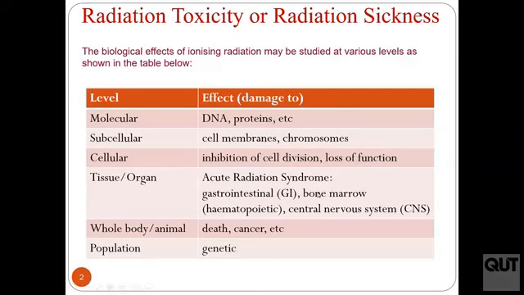Tissue or organ that is made up of the cells, so the organ might stop working or be inhibited. The whole body, so that could be like death of the individual or cancer, or even in the population, so there can be genetic effects of radiation. And we'll cover this through the semester.